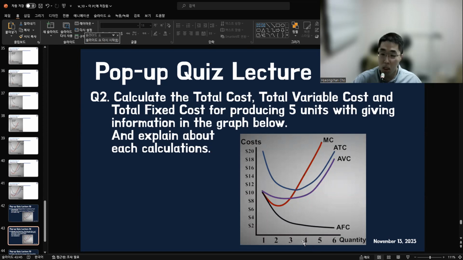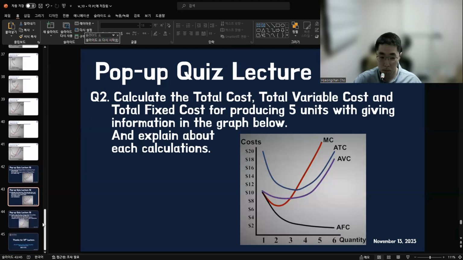Okay, with this process, you can calculate these three costs, which are total cost, total variable cost, and total fixed cost, right? And not just write down only the numbers, you also explain your calculation. Write down your calculation for each of the 3 costs. Okay? All right.